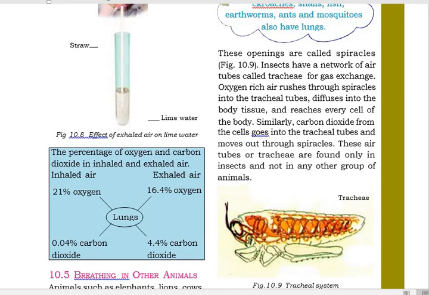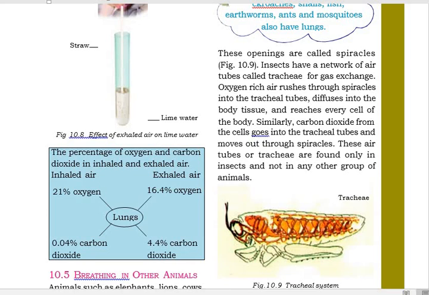The carbon dioxide in the exhaled air reacts with lime water and makes insoluble calcium carbonate. That means when we blow with our mouth, the air which contains carbon dioxide comes through the straw and mixes with the lime water.